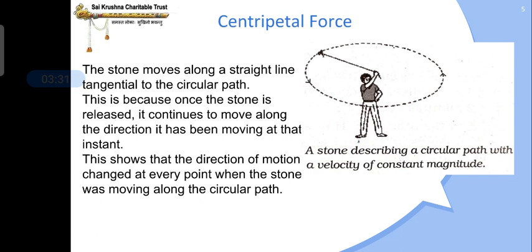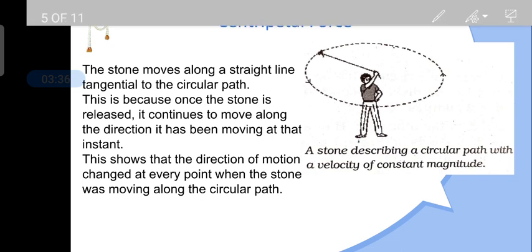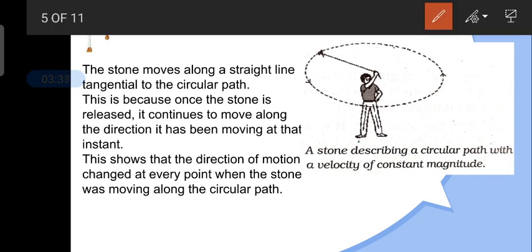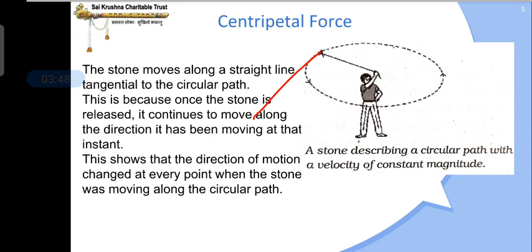What happens when you leave the thread? In which direction will the stone go? It goes tangential to the body's movement. It moves like this, in a straight line, that is called tangential.